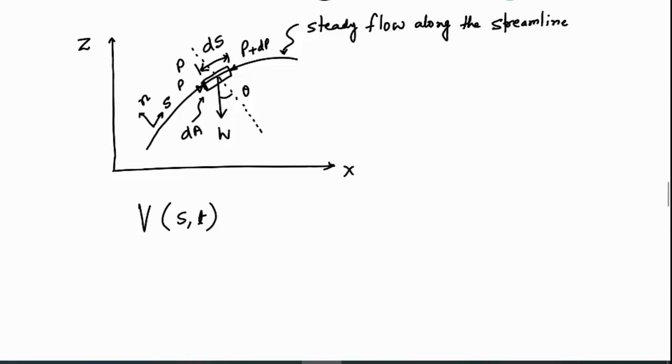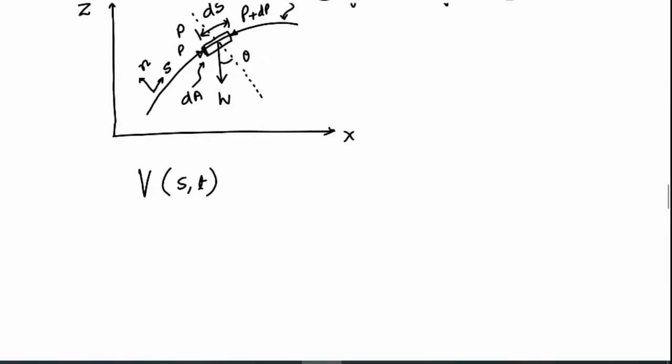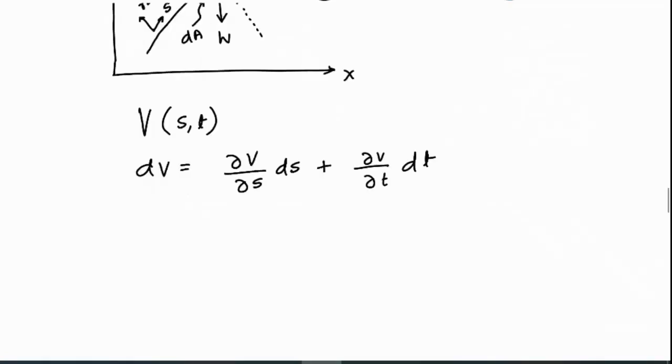In this case, the location is s. So we can write dv equals, if I expand this, first differentiate partially with respect to s, multiplied by a small distance ds, plus del v over del t multiplied by dt.